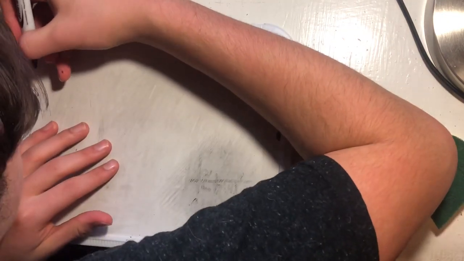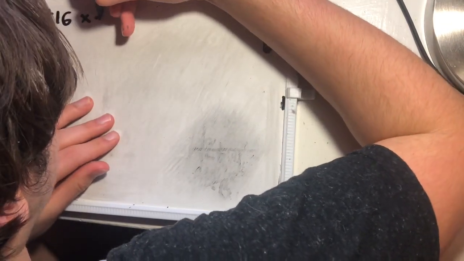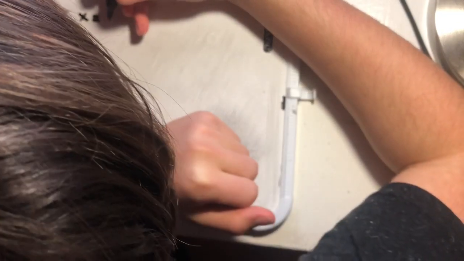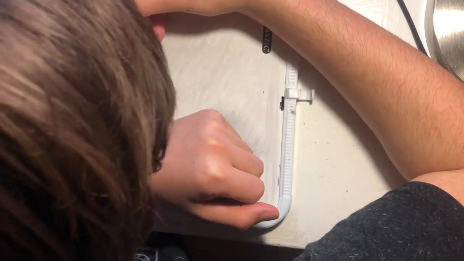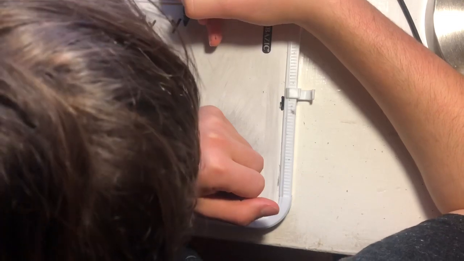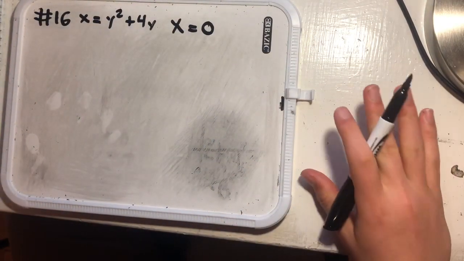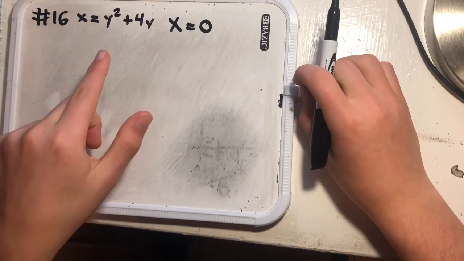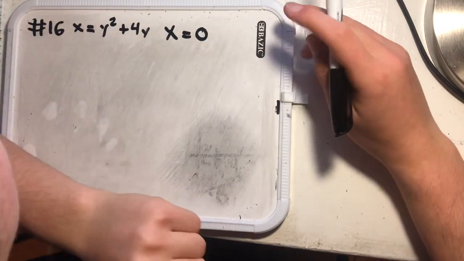Okay, so we're given that x is equal to y squared plus 4y, and we're given that x is equal to 0. Okay, just like the last problem, I want to solve for the zeros first. Find the zeros of this equation so we can put them in the integral.